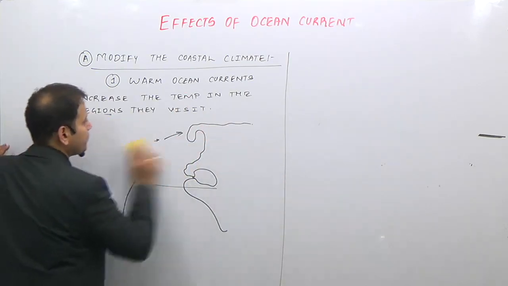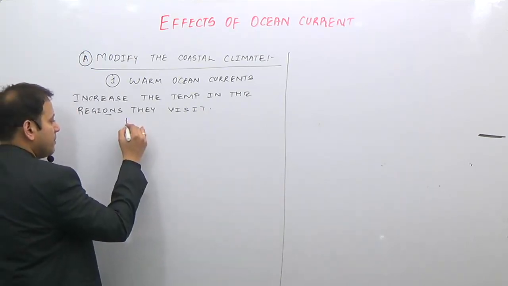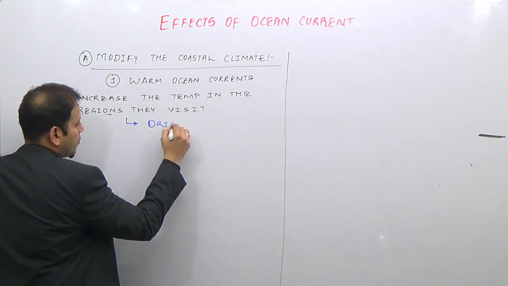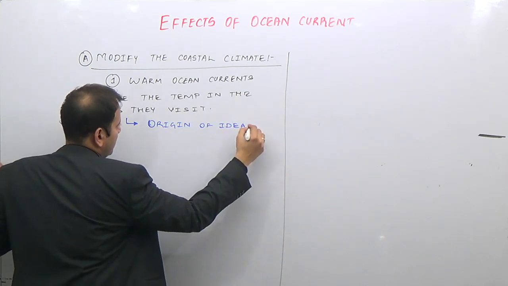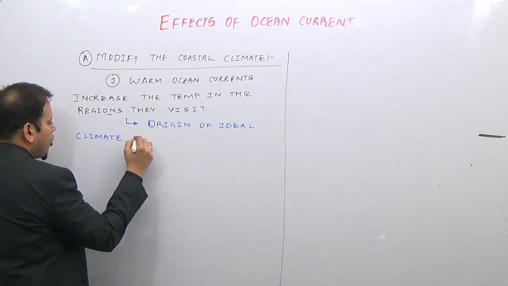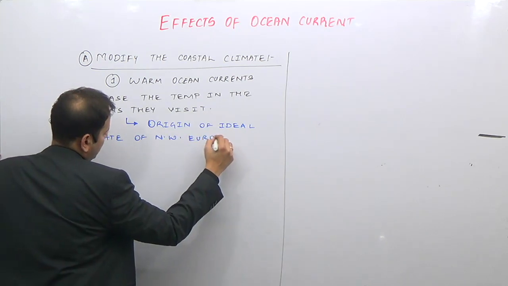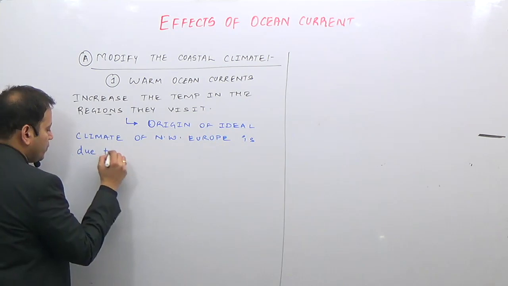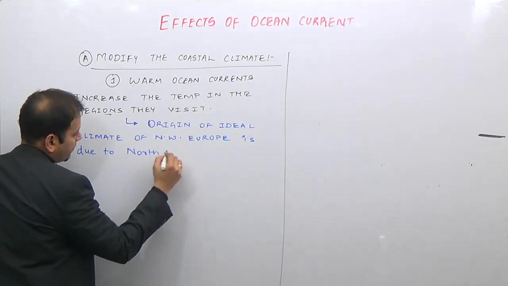So the example is the origin of the ideal climate of northwestern Europe, which is due to the ocean currents, due to the North Atlantic Drift.